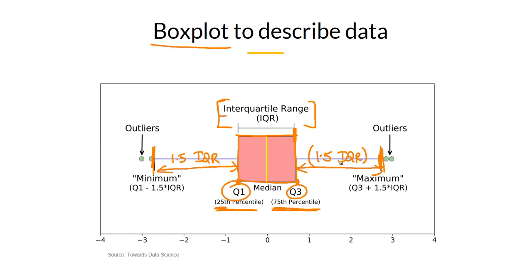The significance of this is that any point lying outside this 1.5 times IQR is generally considered an outlier. Outlier means generally an anomaly point. It's not a typical representative of the rest of the data of this particular variable. It's also sometimes called an extreme value point or simply an anomaly. So the box plot is a very standard and very useful representation of data.